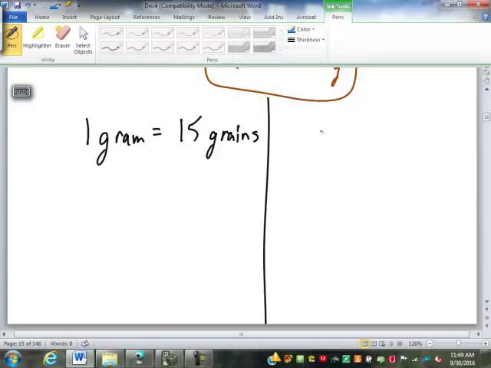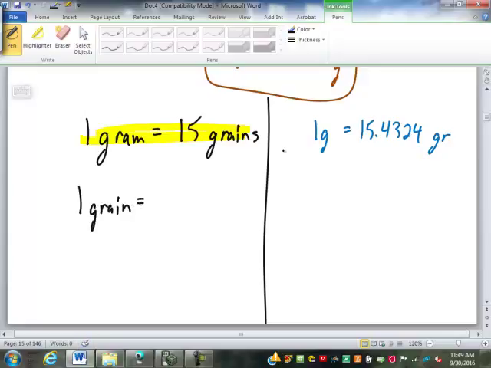In reality, 1 gram is actually about 15.4324 grains. Now, we don't like memorizing that number, so we go with 1 gram is about 15 grains. 1 grain, in medical purposes, we say that it contains 60 milligrams.